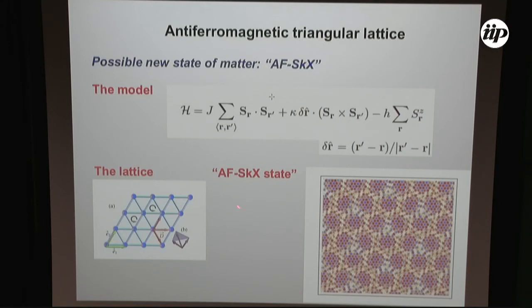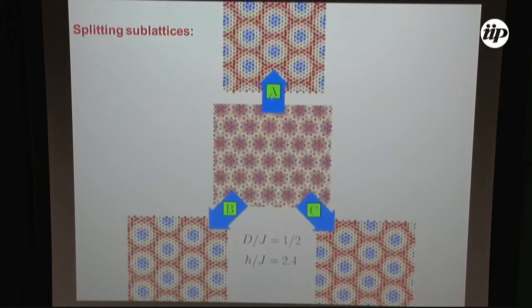And the interesting thing is that at first a strange-looking state shows up, but I will show you that it's not so strange, okay? As I said here, we don't expect to have skyrmions, but rather Z2 vortices. So in principle, my guess is that this is a Z2 vortex lattice, but we haven't been able to prove it yet. But let me show you some structure of this system.